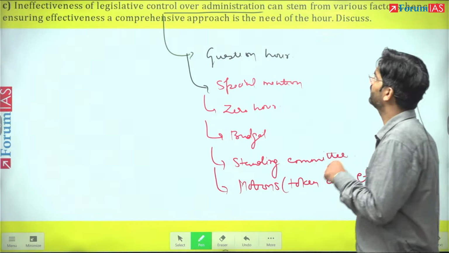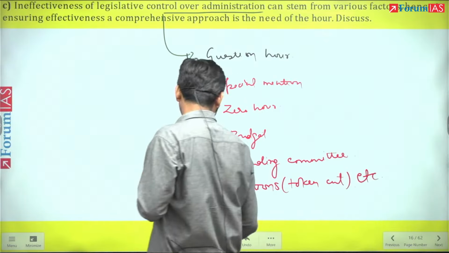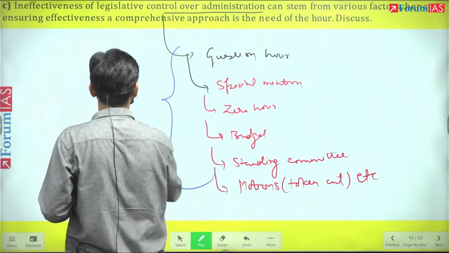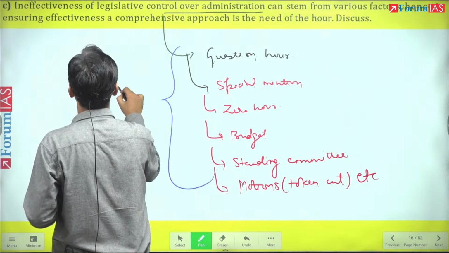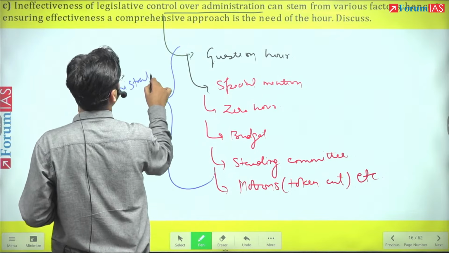These are some of the methods by which the legislature can control administration.